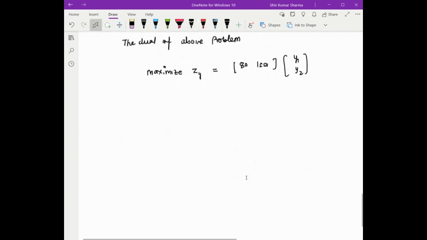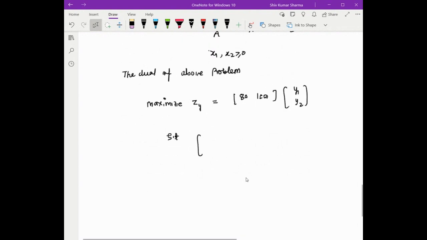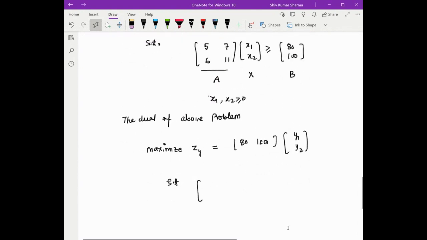So b transpose Y. And subject to constraints, we take the transpose of A. When we take the transpose of A, row into column, column into row, so 5, 7, 6, 11. And we take other variables such as Y1 and Y2.